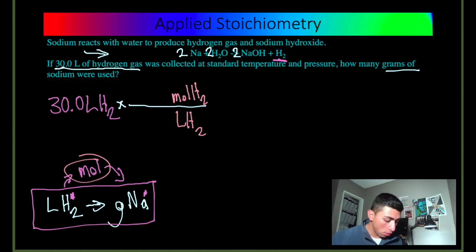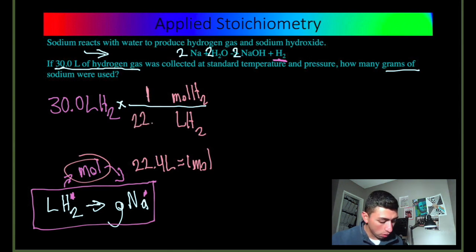Now, we know that for every 22.4 liters, you essentially have 1 mole. So for every one mole of hydrogen, you have 22.4 liters of hydrogen. This gives us a clean conversion from liters to moles.